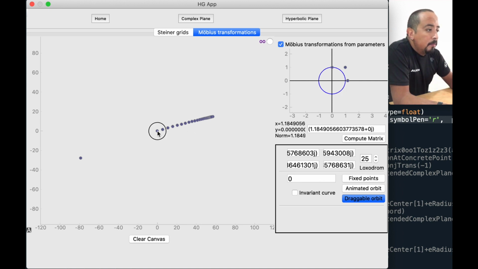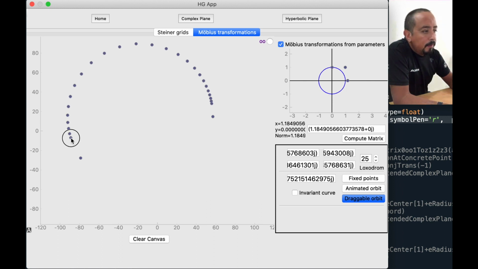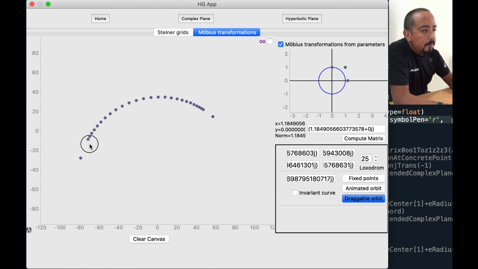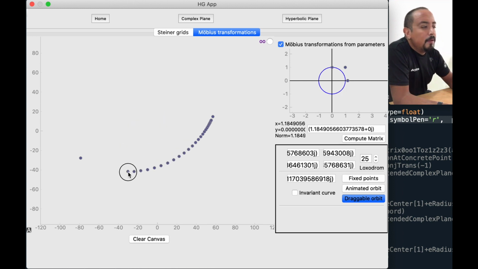Now if I move the point, I can see more or less how the first 25 iterations of the orbit look, and they really look like they all sit on a common circle, right? So an invariant curve, I mean a stable curve.